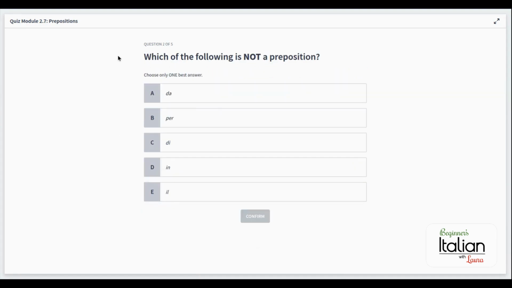Number 2, which of the following is not a preposition? Choose only one best answer. A, da, B, per, C, di, D, in, or E, il.